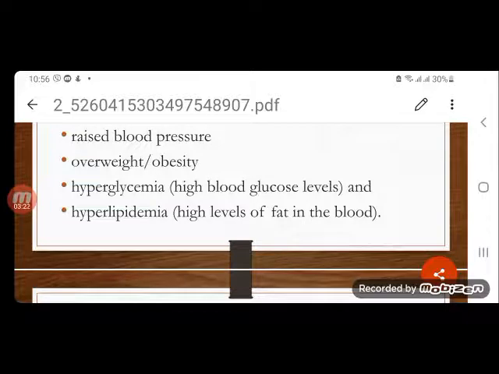Maybe he or she was a healthy person, but there is hyperlipidemia, a high level of fat in the blood.